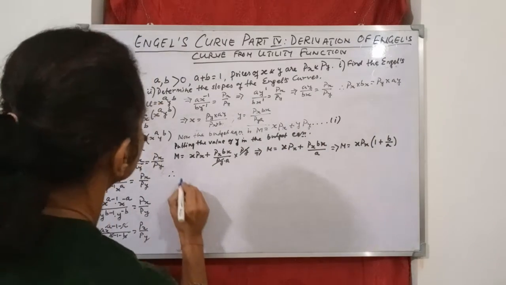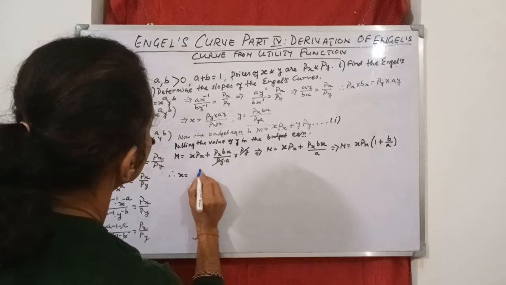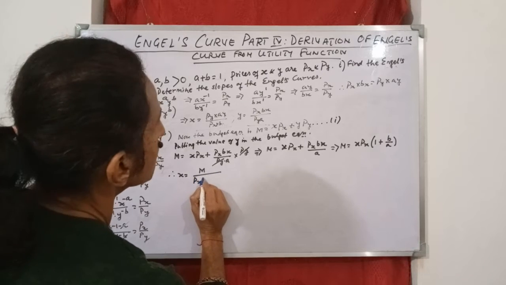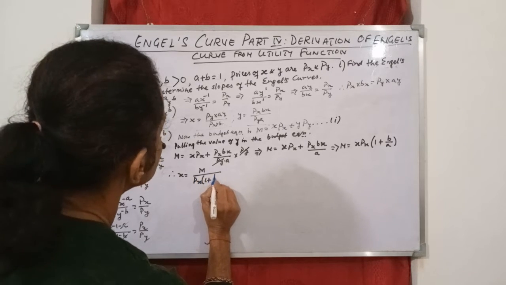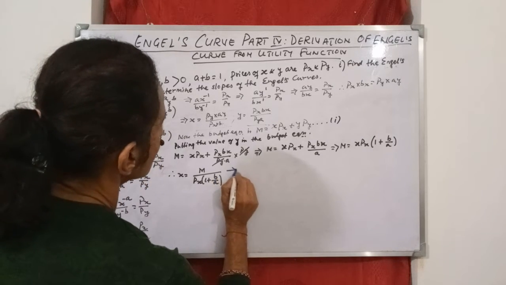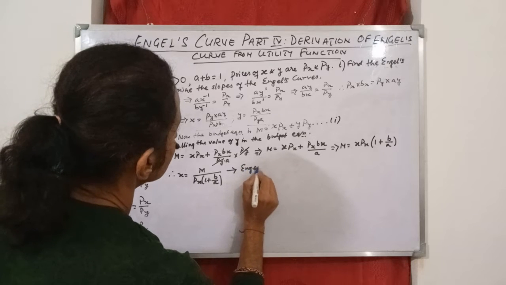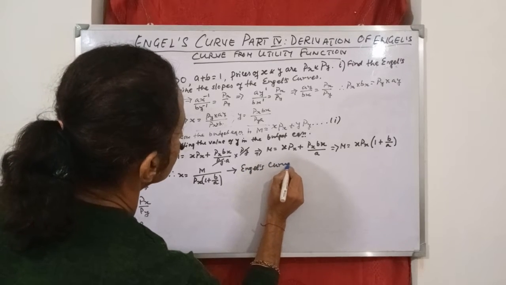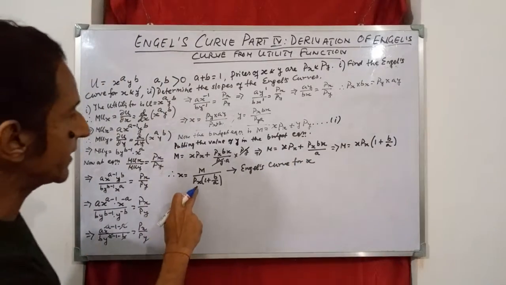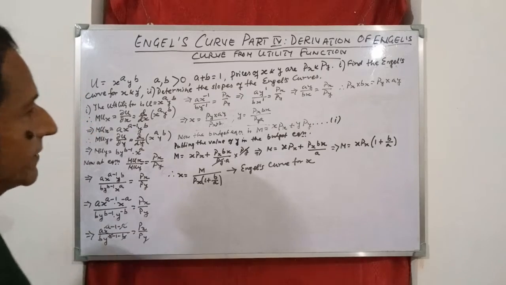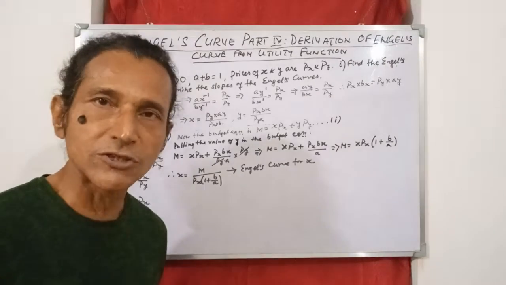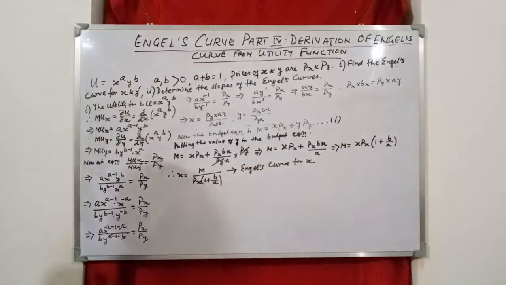Therefore x equals m divided by px into 1 plus b by a. So this is Engel's curve for x. X equals m by px into 1 plus b by a. This is the equation of Engel's curve for commodity x.